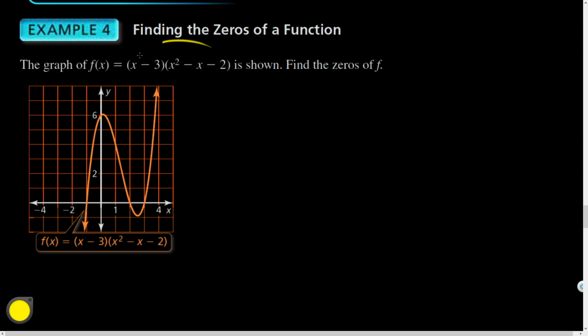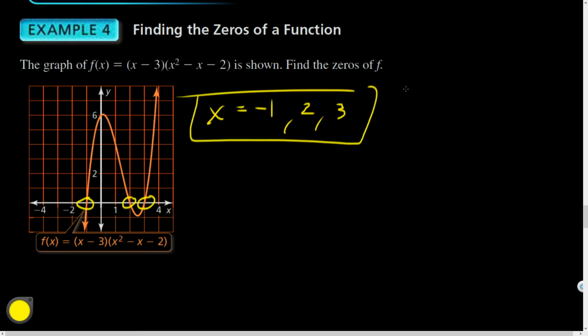If I graphed the related function and I was looking for the zeros of this function, all I've got to do is figure out where it crosses the axis, and this one would have actually had 3 solutions: x equals -1, x equals 2, and x equals 3. And so all you would do is graph it and read it off the graph. I'm not going to give you one of these crazy swoopty-swoops without the graph at this time. So don't you fret.